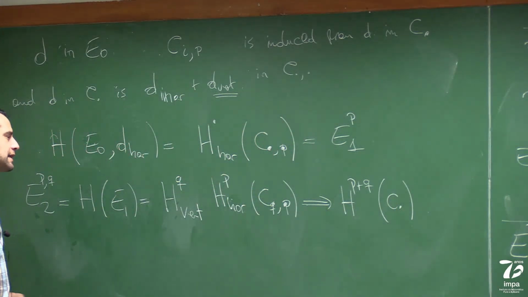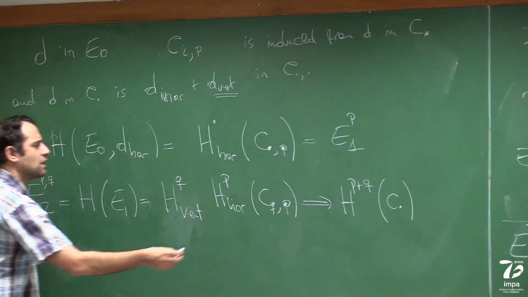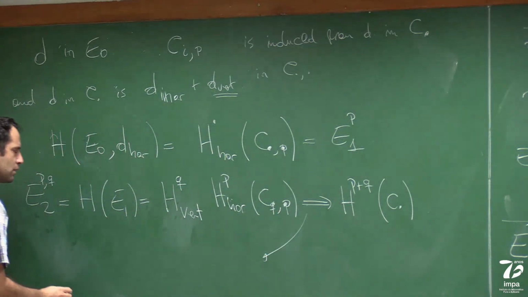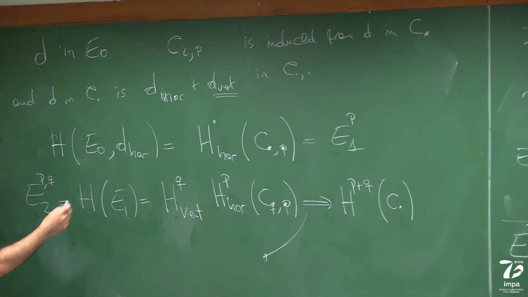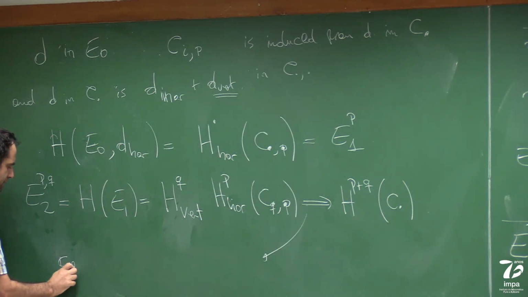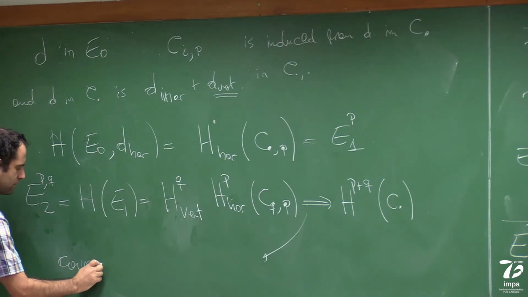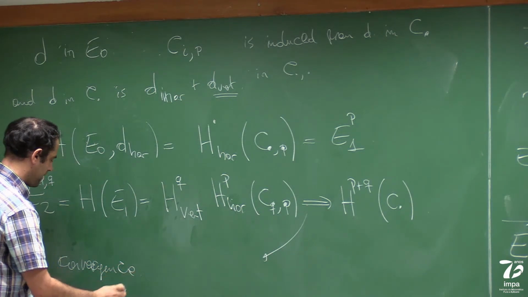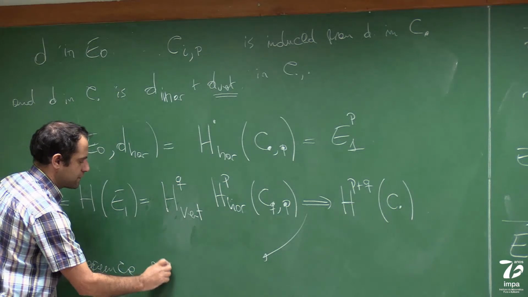But to have convergence, I need to find some finiteness condition that I haven't talked about today, and I don't think I want to talk about this because, well, probably I'll talk about it next time. So this requires this convergence. I want to do this carefully. Convergence requires some finiteness conditions.